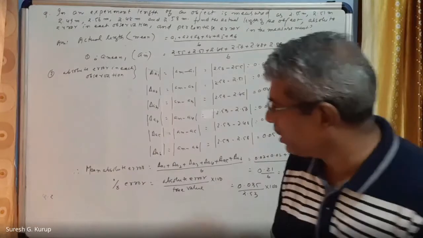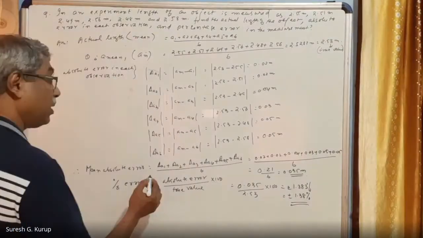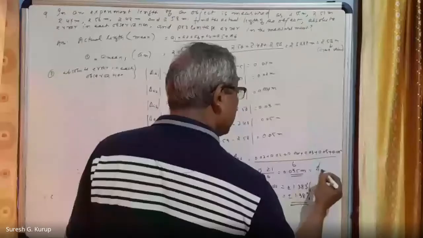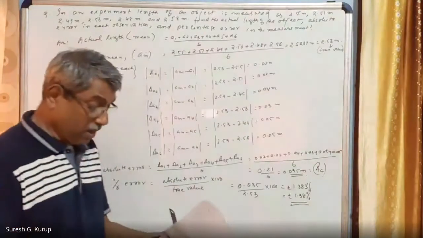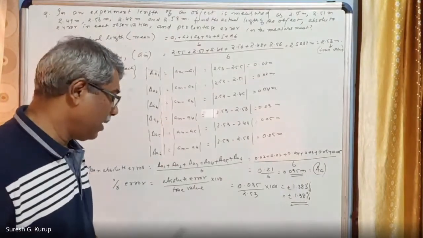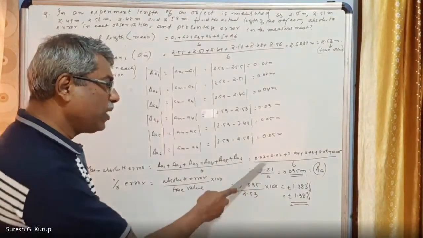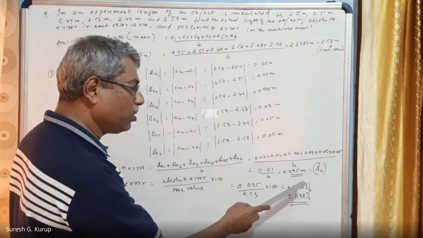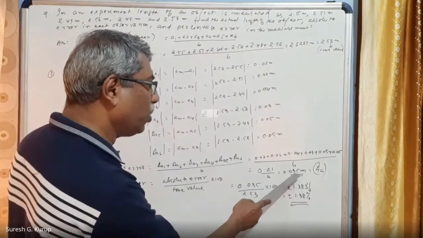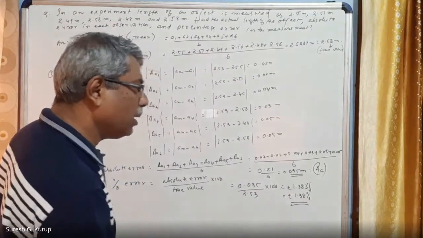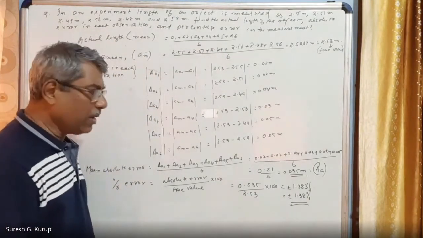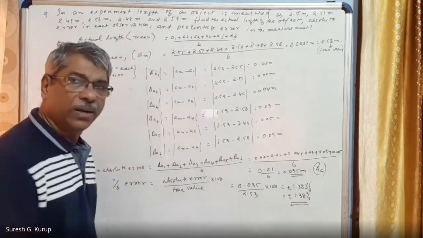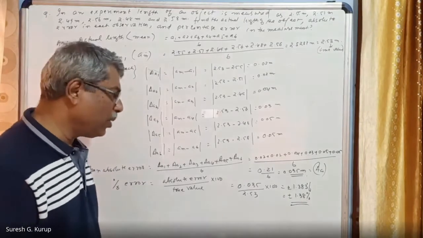Delta A mean is found as all these values added, divided by 6. You got 0.0335 meter, which is 0.035 meter. This is equal to delta A.